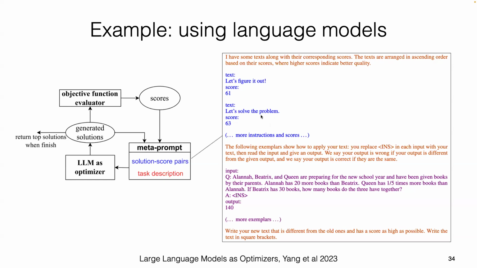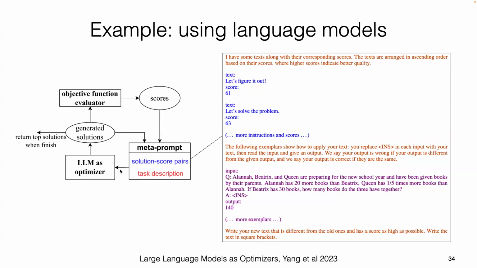Here's one that says, let's solve the problem. And then what they do is, yeah, have some question. And then here it would say, let's solve the problem or let's figure it out. And it tries to find what is the optimal phrase to start the answer with. This is a simple example, but you could imagine that you could do this for any type of prompt.